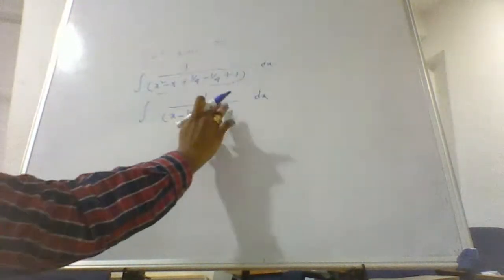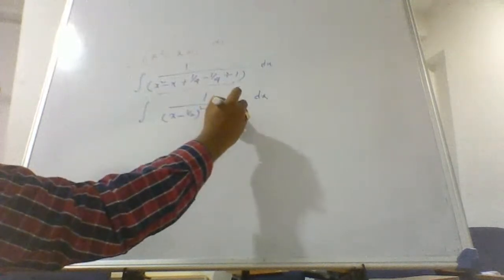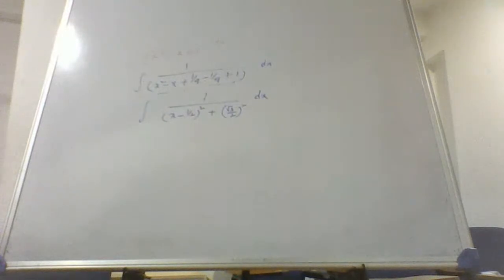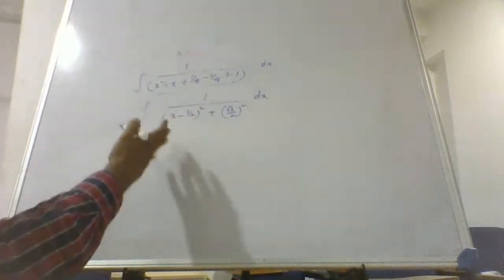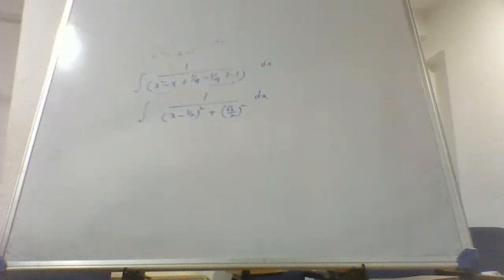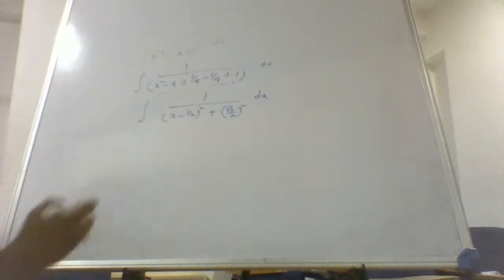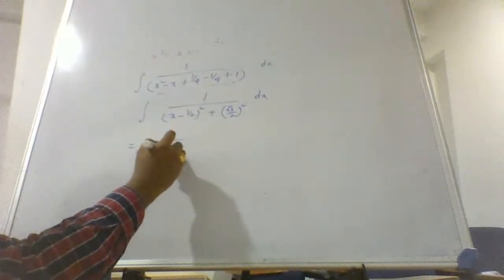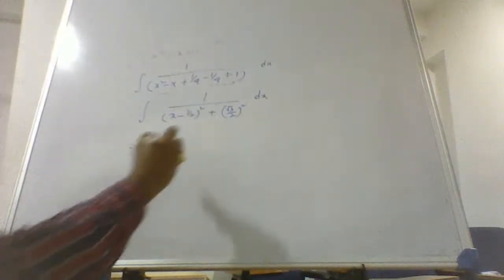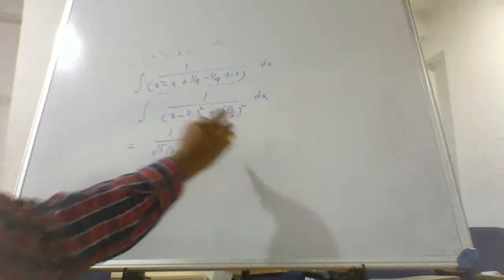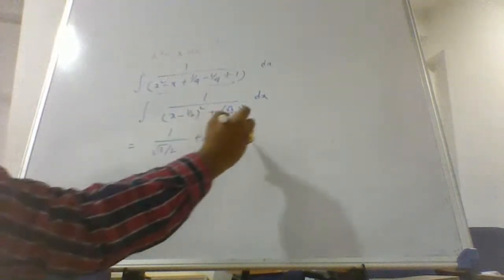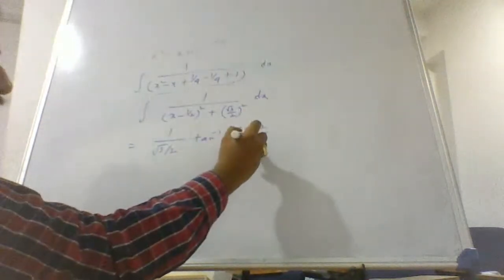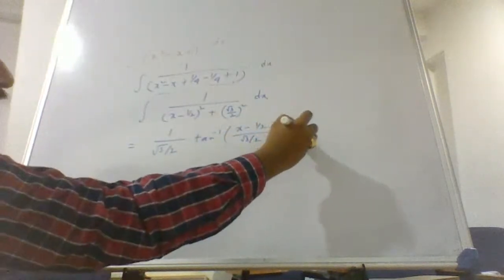This again I can write as (x minus 1 by 2) whole square plus (root 3 by 2) whole square. So this is in the form of x square plus a square. Now this will be 1 by a, which is root 3 by 2, tan inverse of x, which is this one, by a, which is root 3 by 2, plus c.